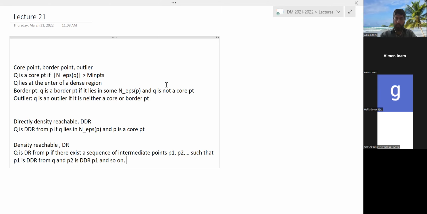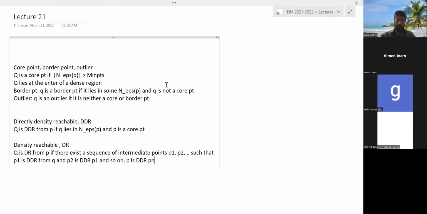And finally, Q is directly density reachable from Pn. So you have a sequence of core points that lead to this point Q.